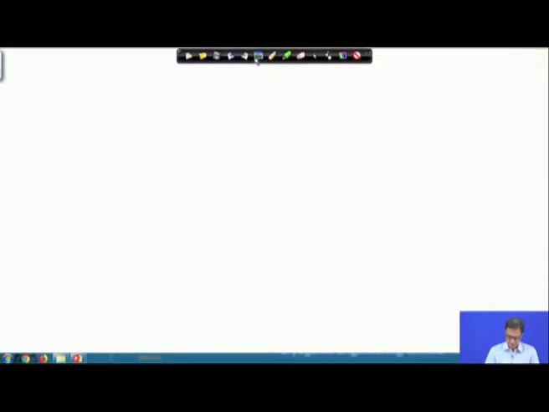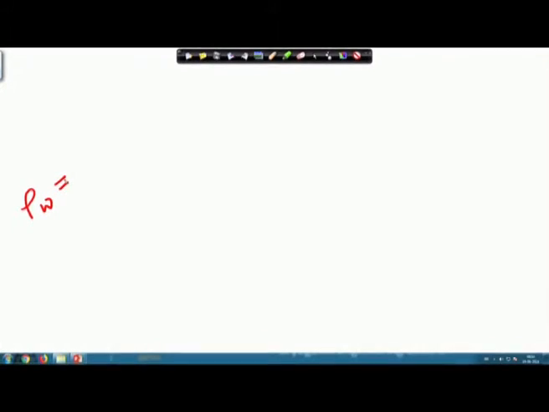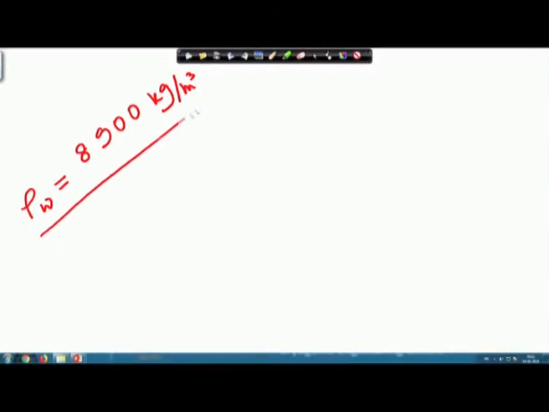Here we have been told that we are going to use a wire screen type regenerator, and this regenerator is made of copper wire screen. Its porosity is given, and the other parameters like rho W, the density, is 8900 kg per meter cube. This is for the copper.